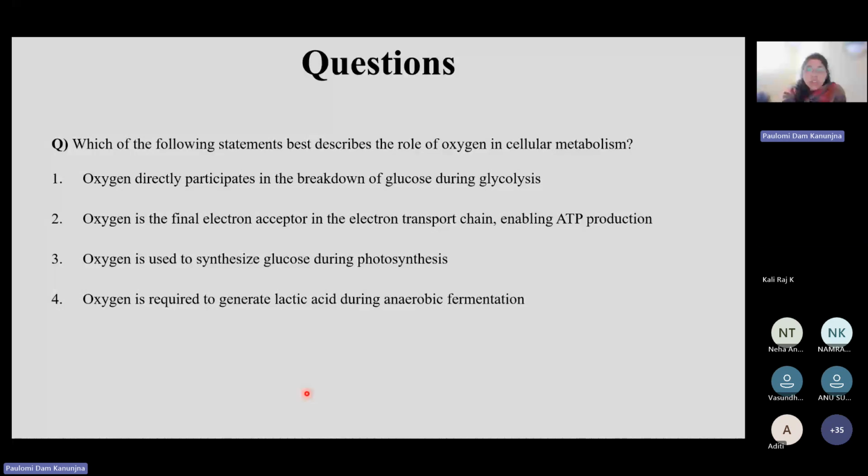Right. So this question says, which of the following statements best describes the role of oxygen in cellular metabolism? So in bioenergetics, what does oxygen act as? Anyone wants to take a guess? Option two.